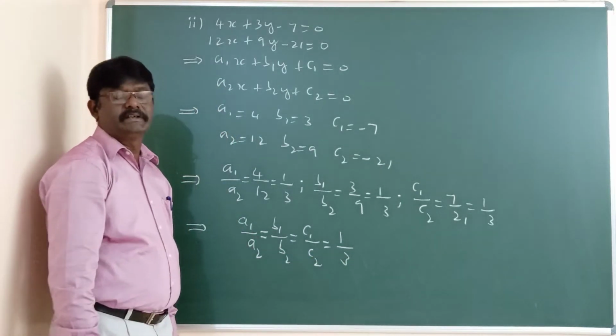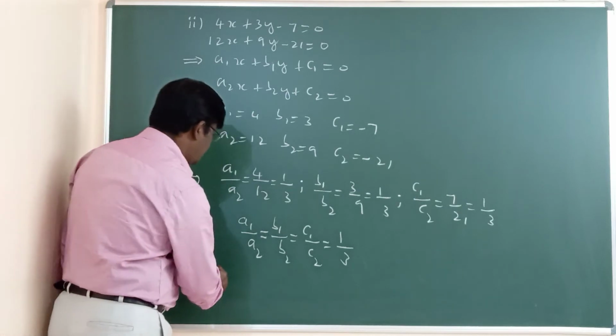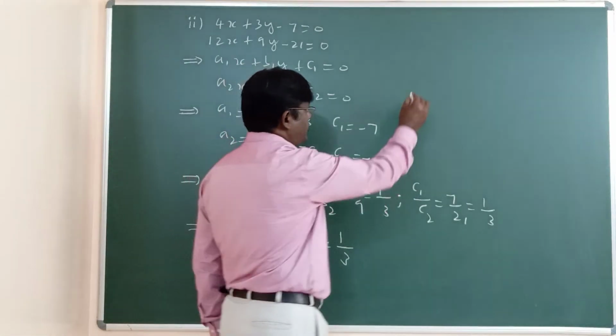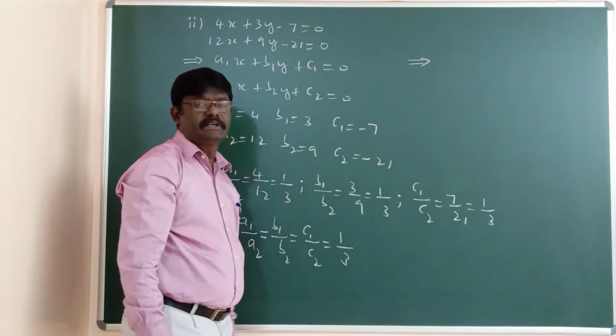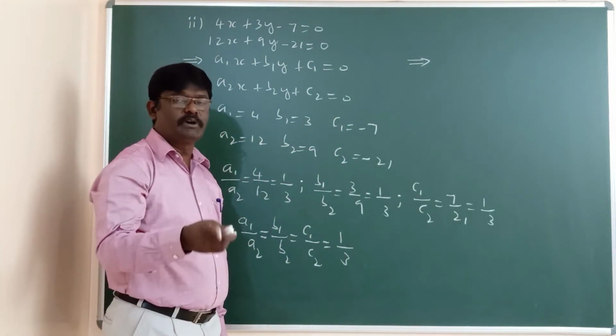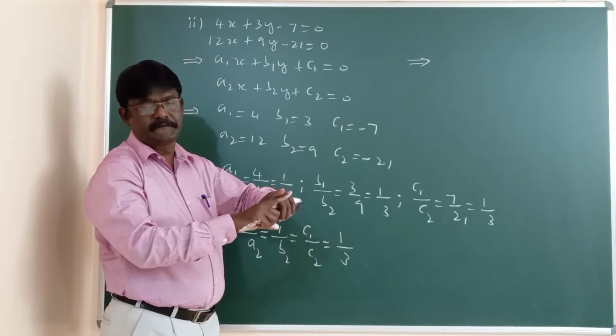When all the ratios are equal, as per the condition we have studied, you write below this. When a1 by a2 is not equal to b1 by b2, we get intersecting lines.